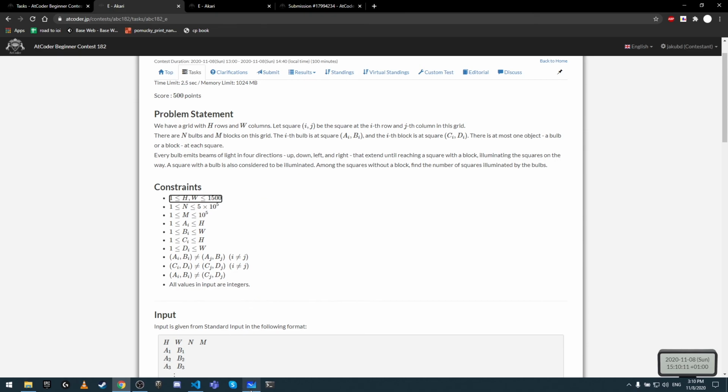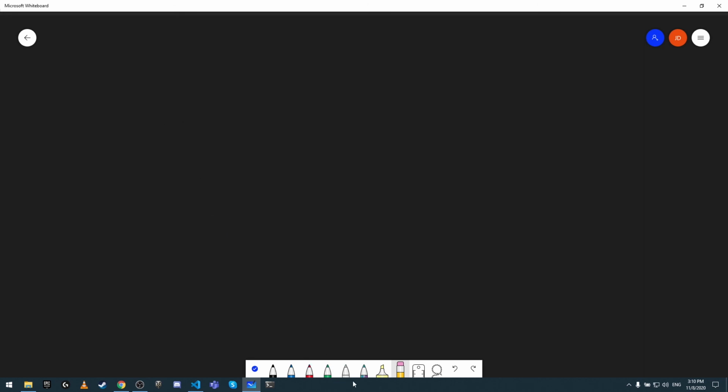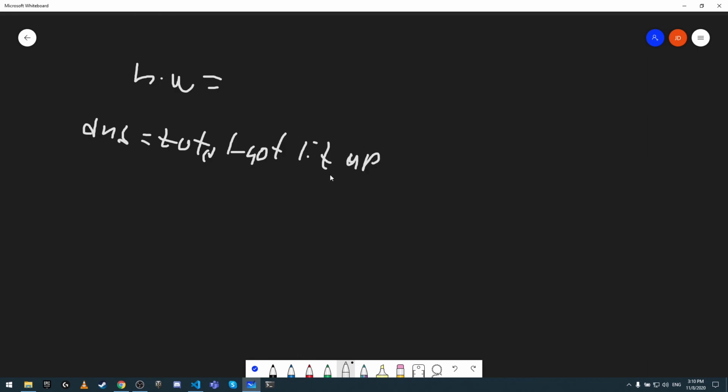Let's say you know the total number of them is h times v, and now the answer is the total minus the not lit up ones. And the not lit up ones are basically the blocks plus non-lit up.